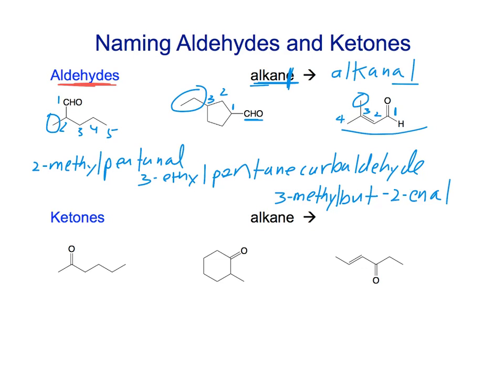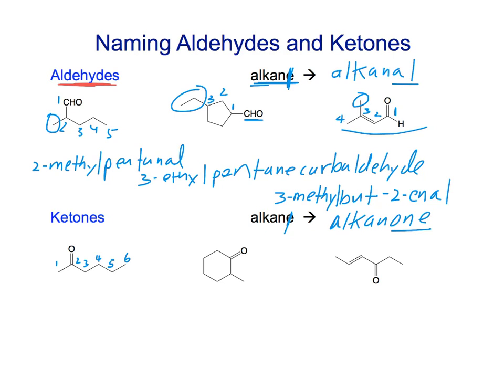For ketones, we drop the E again and add -one, so we have alkanone. We number to give the ketone the lowest possible number.